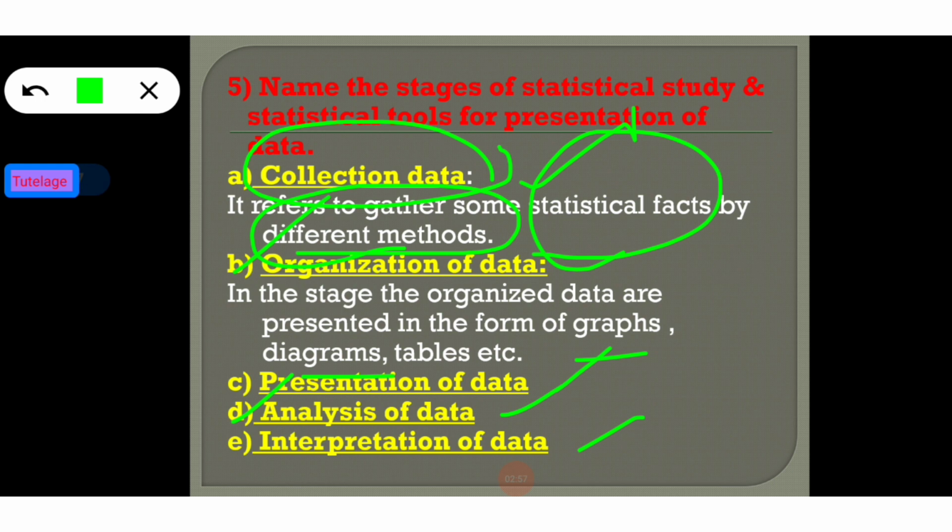Numerical data interpretation is a must for declaring the statistical results of any research or problem. So there are five stages of statistical study. First is collection, second is organization, third is presentation, fourth is analysis, and fifth is the interpretation of data. I think this is clear to everyone.